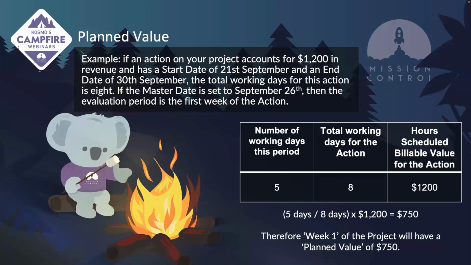So in that first week, the project will have a planned value or a cumulative scheduled value of $750. And I've also included a link on a page that's coming up that will have further information into the breakdown of these figures.